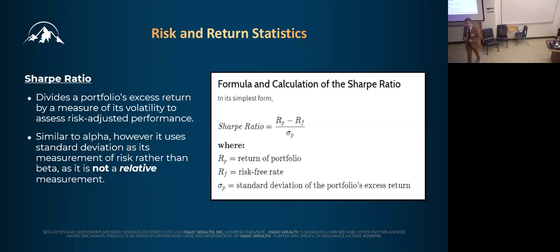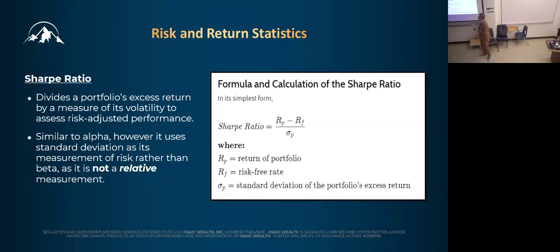Alpha can be really good, but Sharpe is different. Alpha is good when you want to compare it to something else. Like if I'm replacing a dividend fund, then I want to see how this dividend fund did with the same level of risk as this one.